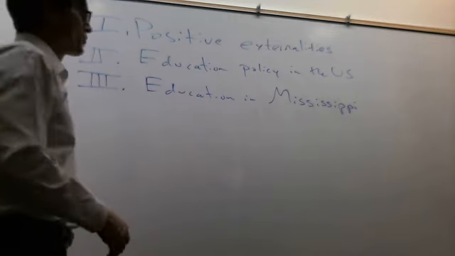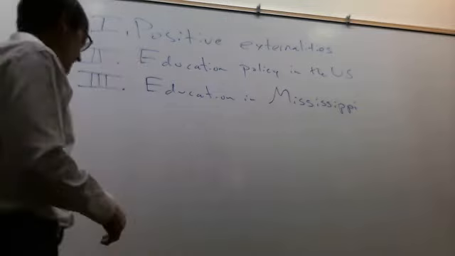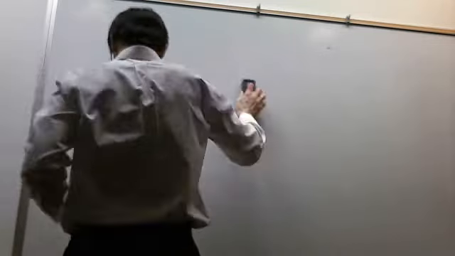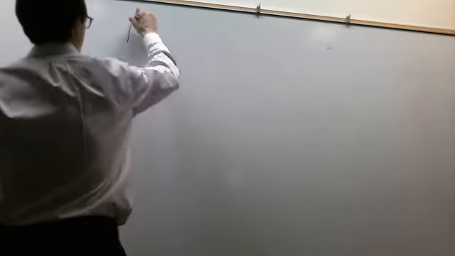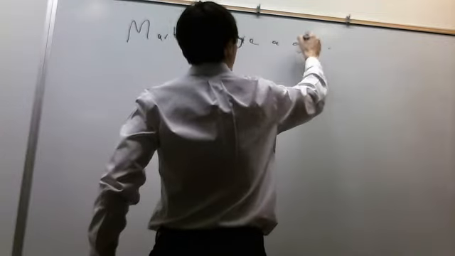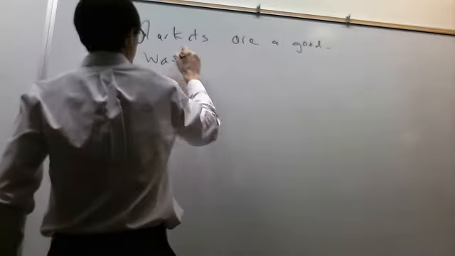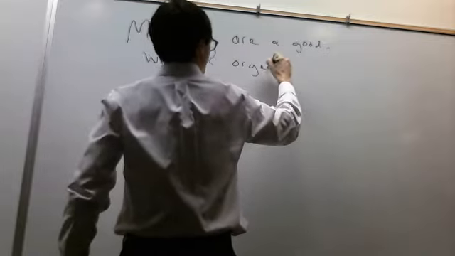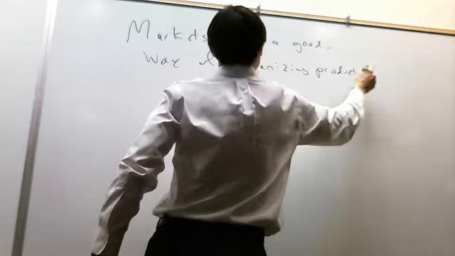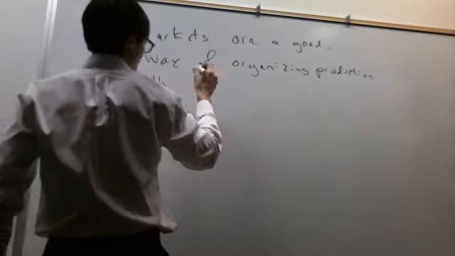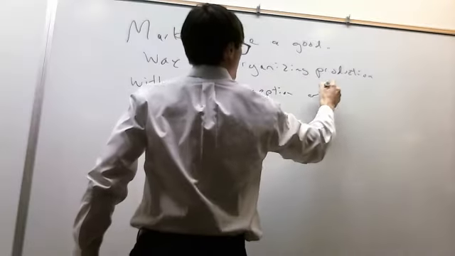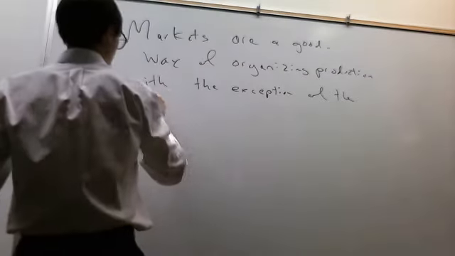So if you remember when we talked about the government and allocative efficiency, in general the story that we have is that markets are a good way of organizing production, with the exception of the presence of what?